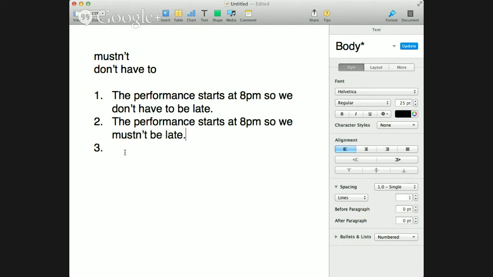Right, have a look at these two sentences. Which one is correct and why?